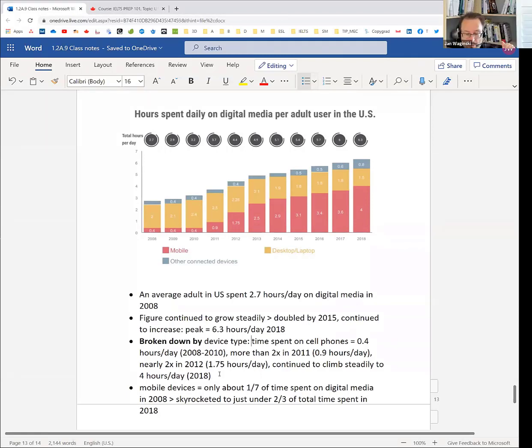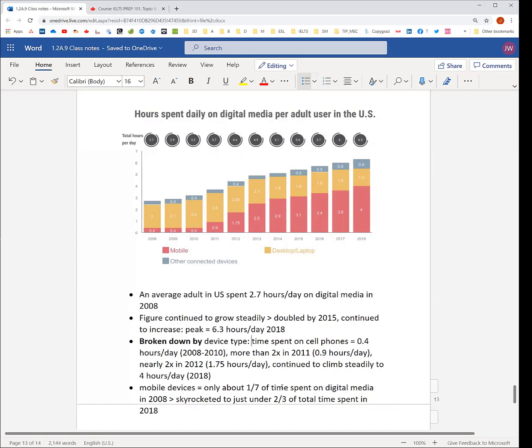Remember, we can do this in a couple of sentences. Trying to put this all together into one is pretty ambitious. We're just doing exercises, but if you need to do this in more than one or two sentences, that's fine. Okay, go ahead. Time spent on cell phones increased between 2008 and 2010. It didn't increase. It was the same. Or remained the same. Sorry, time spent on cell phones remained the same between 2008 and 2010.